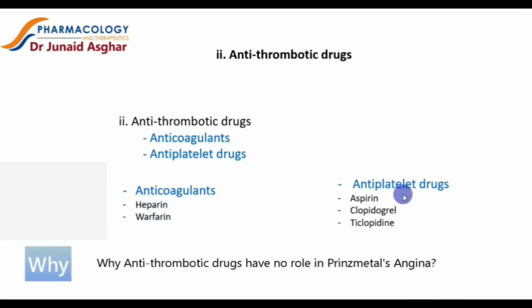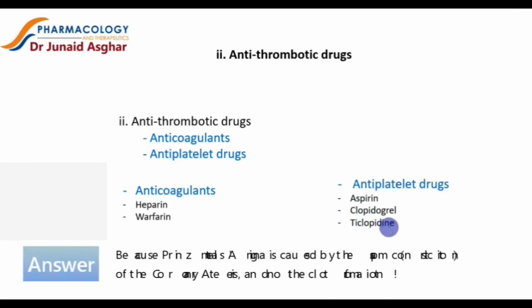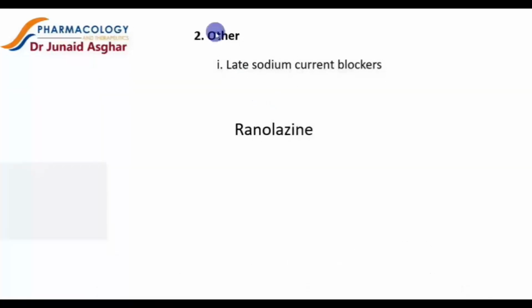And the antiplatelet drugs include the well-known aspirin, clopidogrel, a very commonly used drug, and ticlopidine. All these agents prevent platelet aggregation and thus help in preventing blood clot formation in the coronary arteries. And then we have a group which we can call other, and that includes late sodium current blockers.